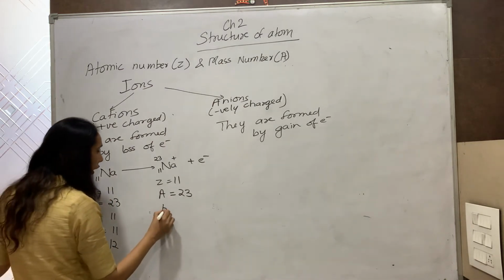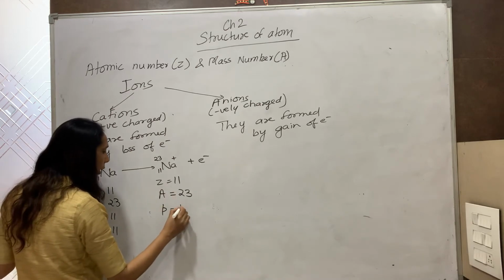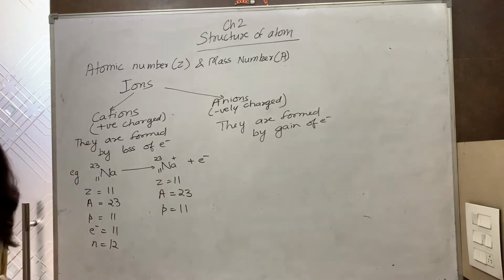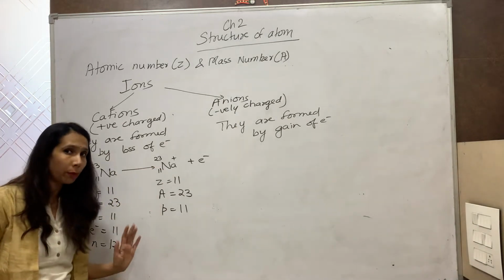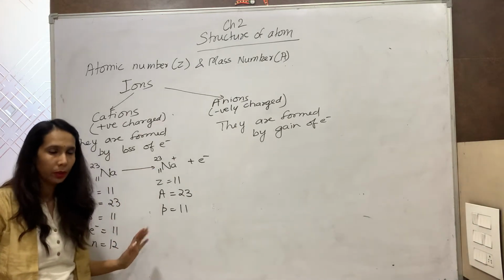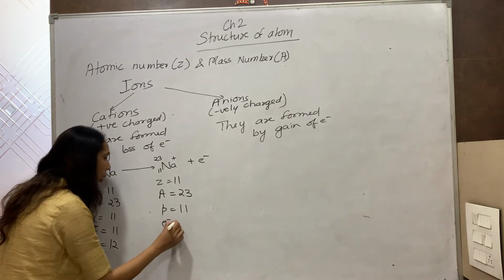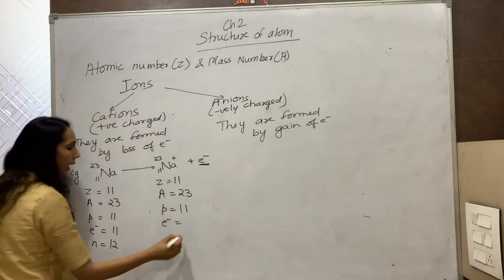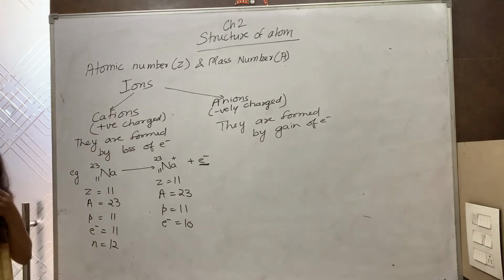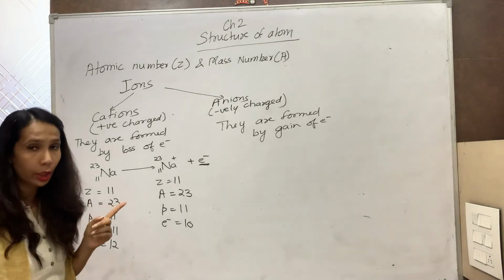Now here the number of protons, Z, is 11. But I know it is not an electrically neutral atom, so the number of protons and electrons cannot be equal. We know this sodium has lost one electron. So if it has 11 protons, it has only 10 electrons. The positive charge means one electron less than the neutral atom.